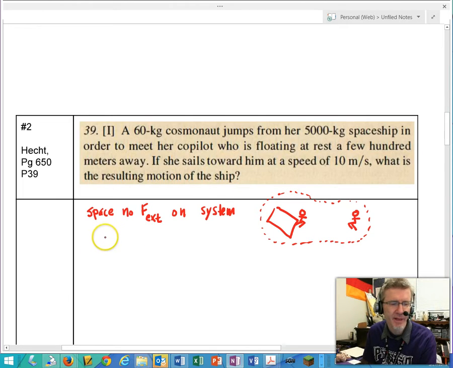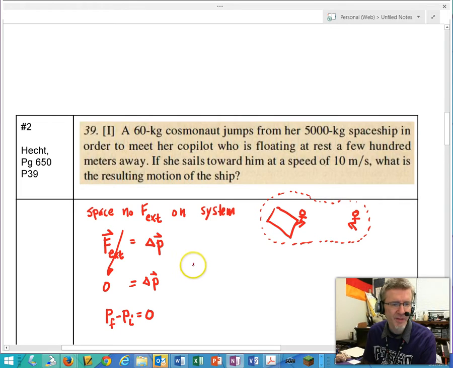Then we write conservation of momentum laws, and the external force in a vector way is the change in momentum, but the external force is 0, so the change in momentum is 0, which means the momentum before equals the momentum after, so the final momentum equals the initial momentum.